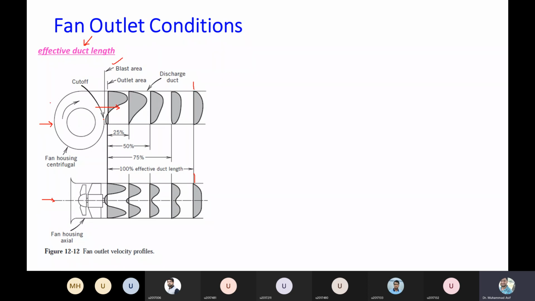So every blower should have a certain effective duct length. It should not be directly connected with an elbow. After a certain length, which is called the effective length, you should connect some fitting, like an elbow.